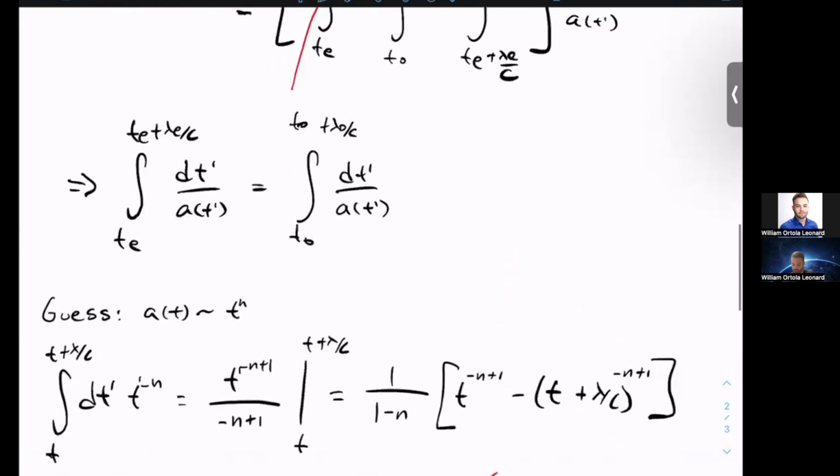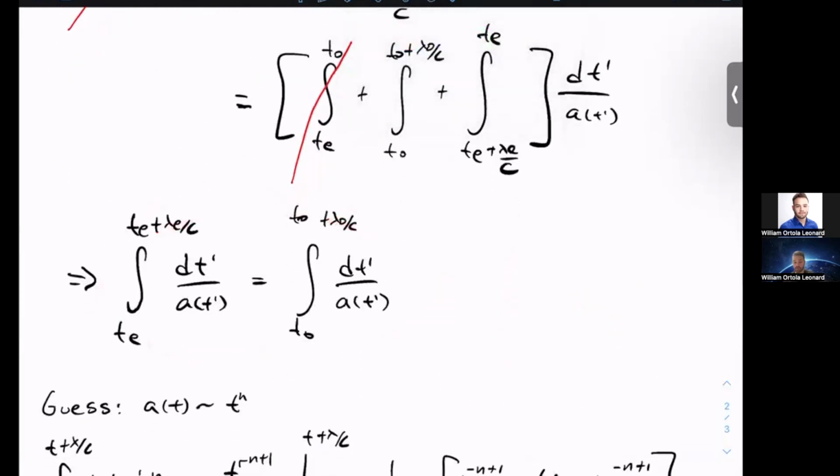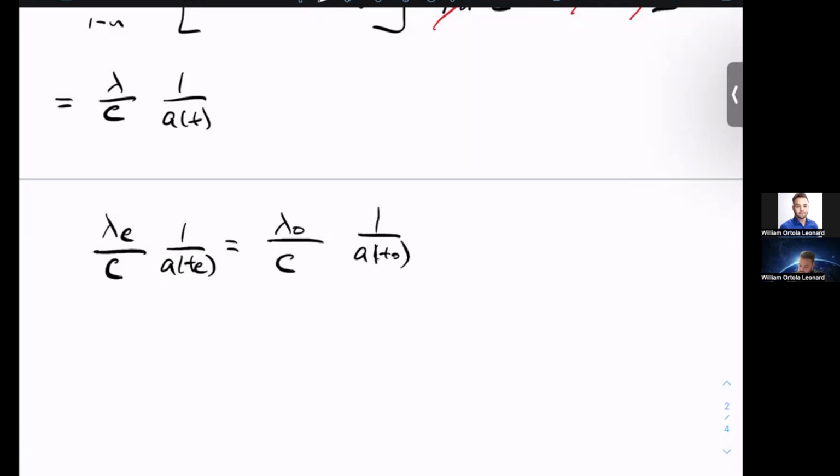So if we apply it to this equality that we have here, we are going to end up finding lambda emitted divided by the speed of light times 1 over the scale factor at the time emitted equals lambda observed over the speed of light times 1 over the scale factor evaluated at t naught.